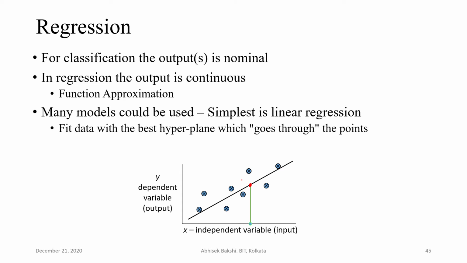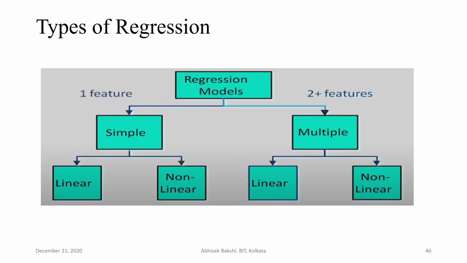Now, there are different types of regression also. If we have only one feature, we call it simple regression, and if we have two or more features, we consider it multiple regression. Just like multi-class classification, in the same way we have multiple regression. Okay, so all these, simple or multiple regressions, can be categorized in two ways.